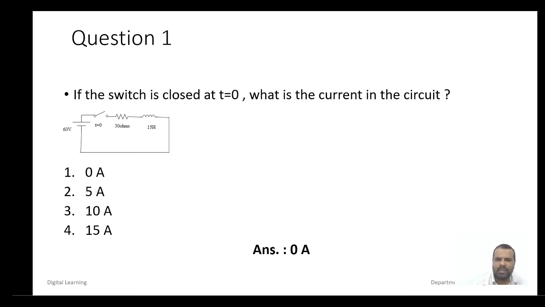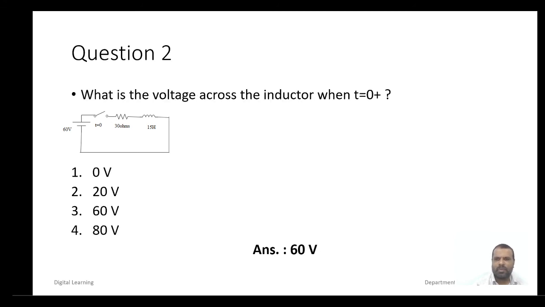The correct answer is 0 amperes. Question number 2. What is the voltage across the inductor at t = 0⁺? The options are 0 volt, 20 volt, 60 volt, 80 volt. The correct answer is 60 volt.